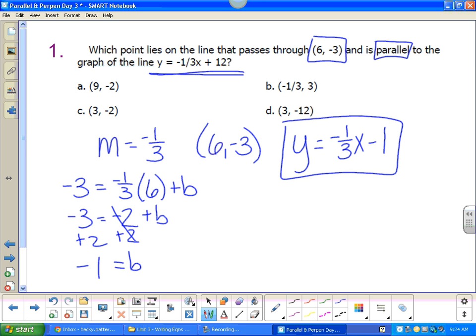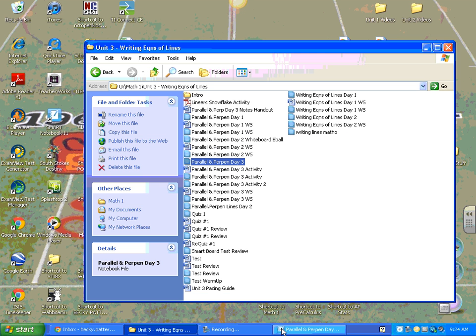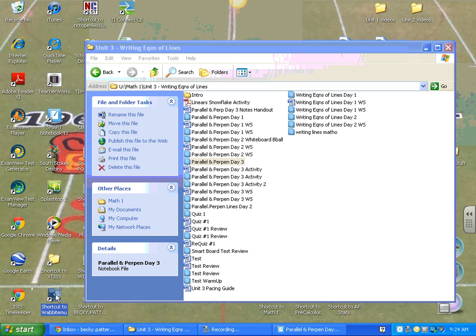The answer says which point lies on this line that we have just found. So what you have to do is plug this into your calculator and look at a table that has all the points in it.